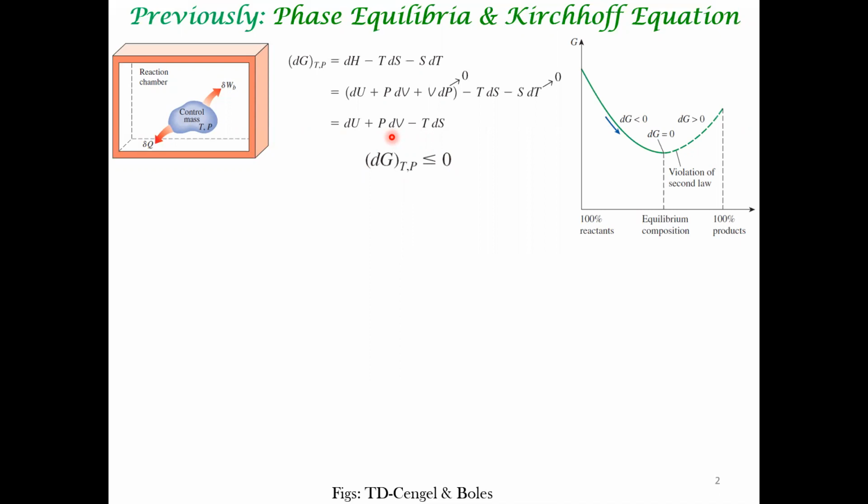Supposing there is a chemically reacting system, it is not necessary that all the reactants have to get converted to products. The composition that is present at equilibrium is the one that minimizes Gibbs free energy. Right? And we used Gibbs free energy because that is the relevant thermodynamic function when the system is under constant temperature and pressure. Usually this is the temperature and pressure of the ambient atmosphere.